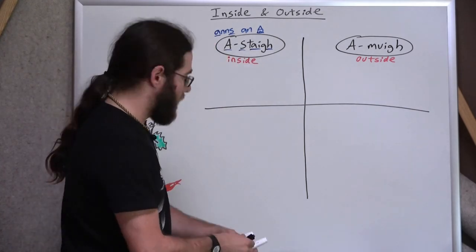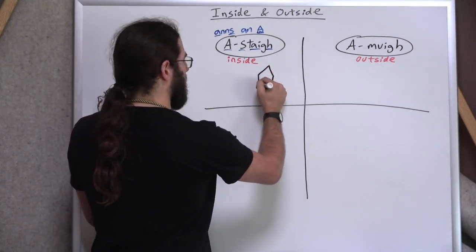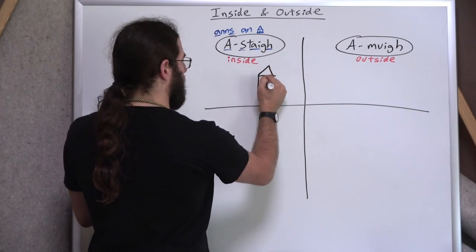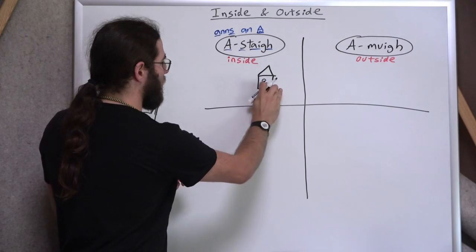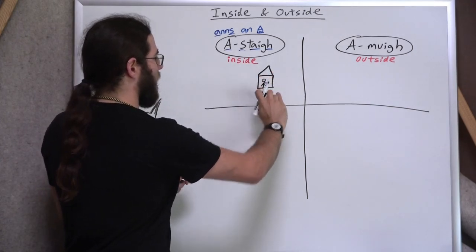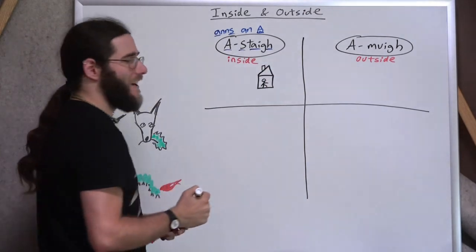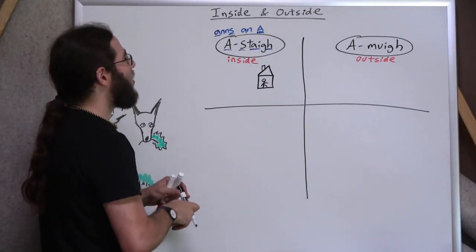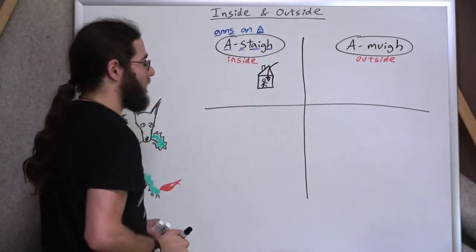Astay, inside. So, we need a visual. We need a picture to help make everything clear. Look at this, masterful drawing. Oh, we need our chimney there. All right, ounce and tay, in the house.